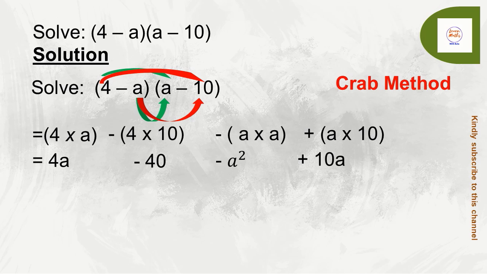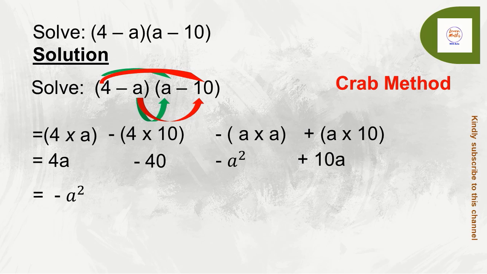So I want to rearrange this by the order of the power. We have an a square here, so let's use that order. Though some people prefer not to put it in front because it's carrying the subtraction sign, but I just want us to rearrange so that we can bring the like terms together and simplify further.